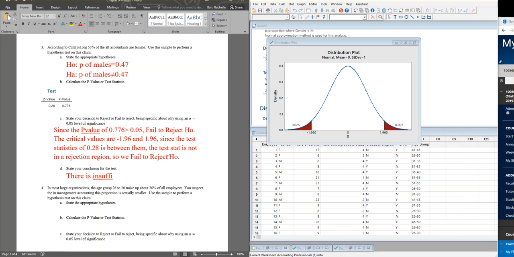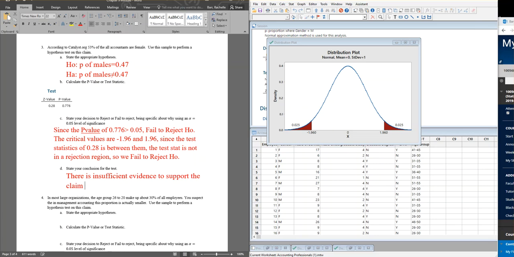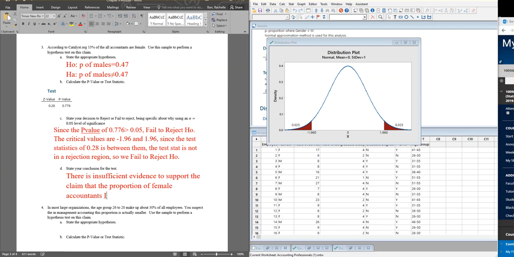So I don't have enough evidence to say it's not the Ho. I'm failing to reject the Ho is how I'm going to phrase this. So there's insufficient evidence to support the claim that the proportion of female accountants is not 53%.